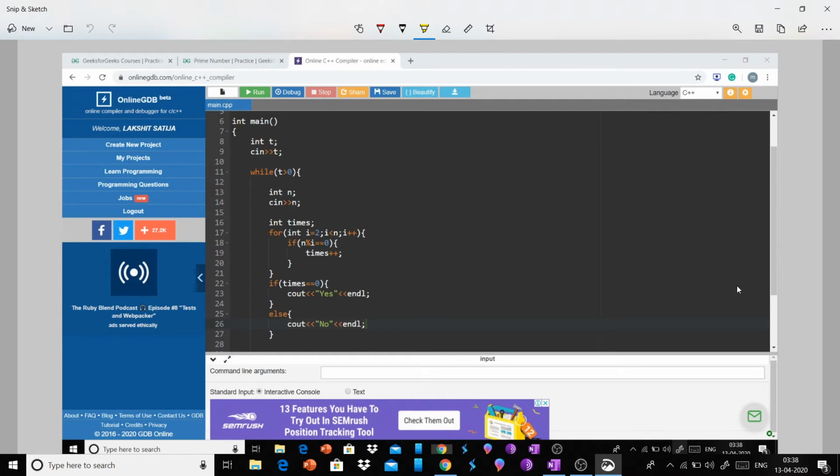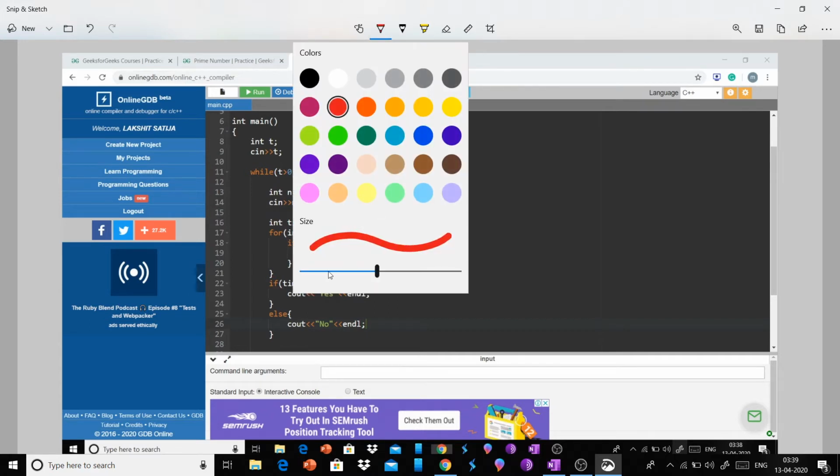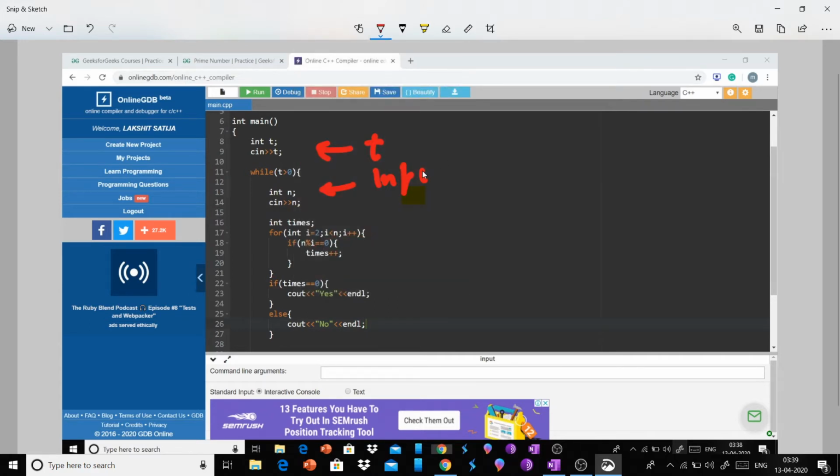So now let us discuss what I am actually doing. Right? So I have declared integer t here, right? And I have taken input here, right?